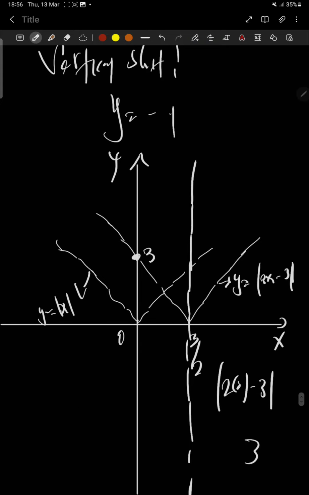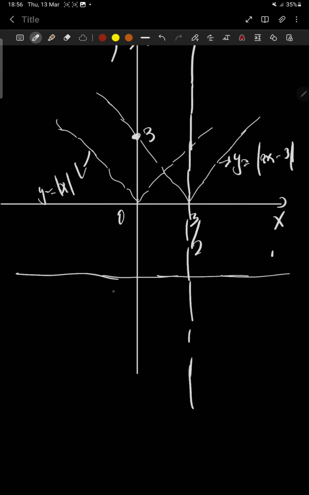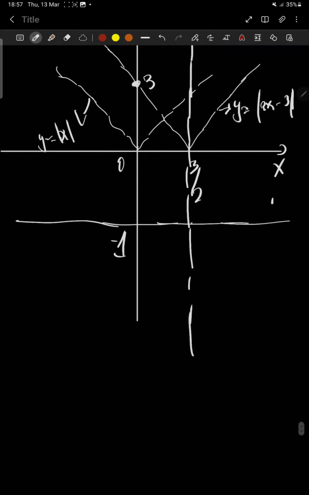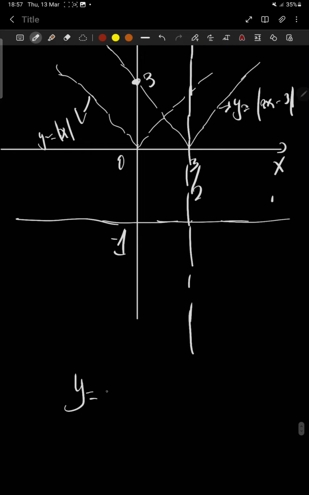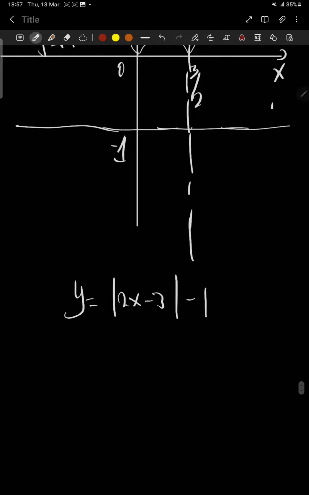Then we go to the vertical shift of negative 1, so the graph will go down by 1. Starting from here, you start from there. So your graph will be y is equal to modulus of 2x minus 3, minus 1. Now I need to find the y-intercept. I'll replace x with 0.